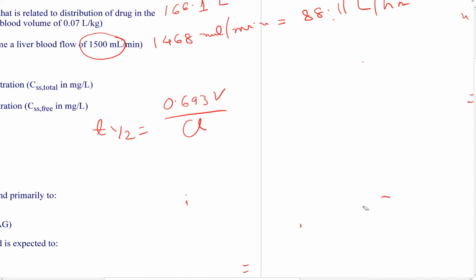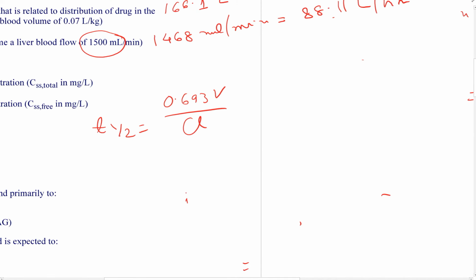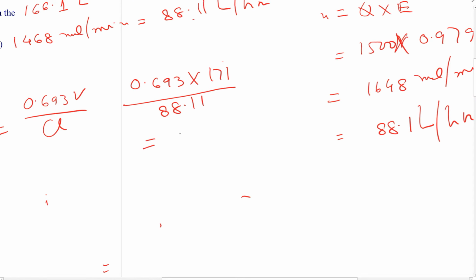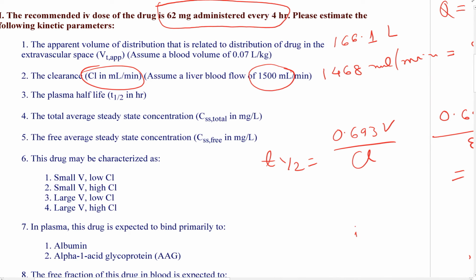From our problem we know V is 171. So 0.693 times 171 divided by CL, with CL in liter per hour. This gives us a half-life of 1.349 hours.